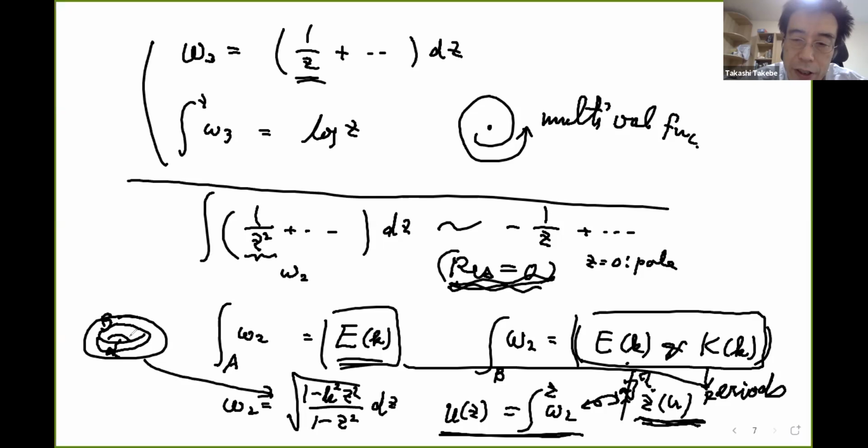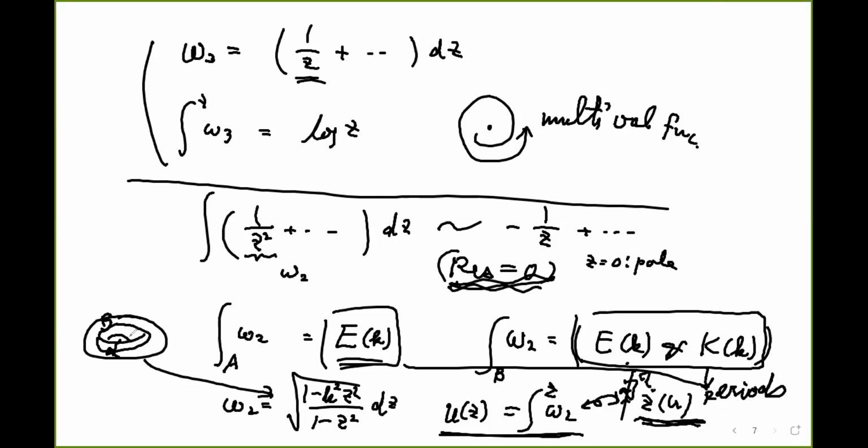So we're looking for an elliptic function which is doubly periodic with this behavior at 0. And I think it's impossible, right? You cannot have a doubly periodic function with a pole of order 1 at 0. Is it correct?